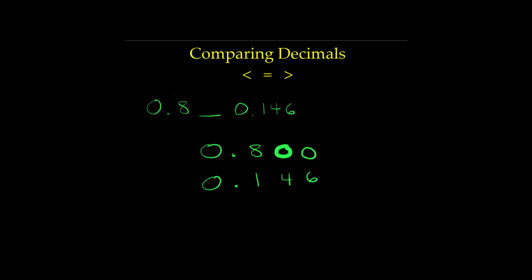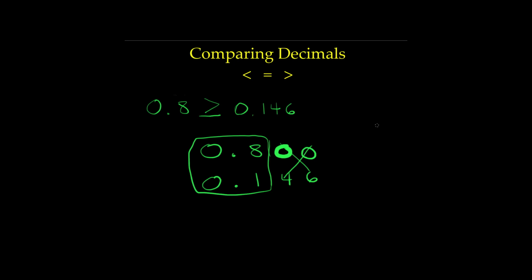So when we're comparing here, we're really only looking at this section, and that's okay, because we didn't have to worry about the rest since we just had our first difference. So 0 and 8/10 is greater than 0 and 146 thousandths.